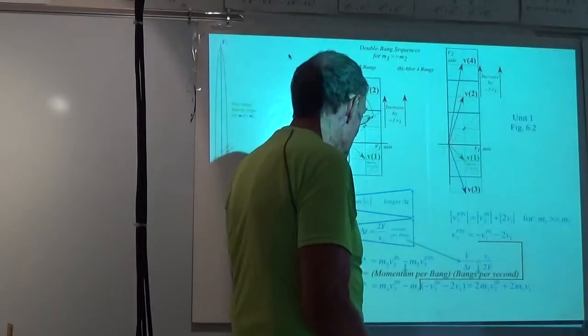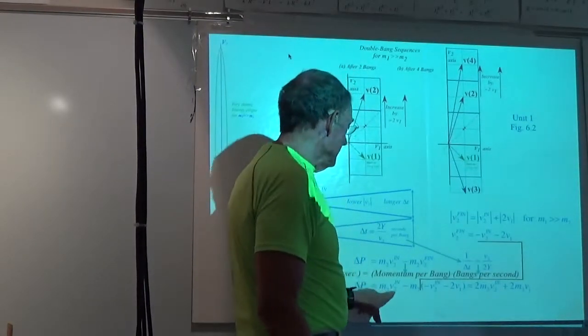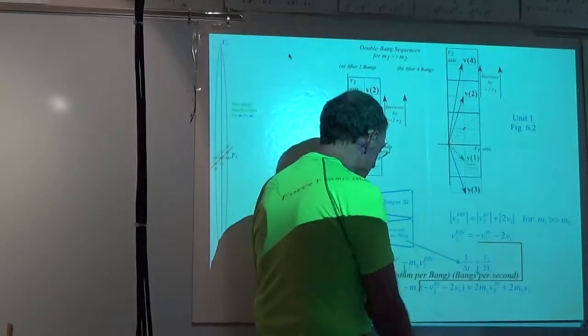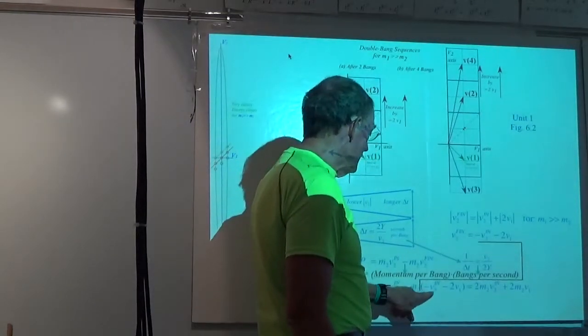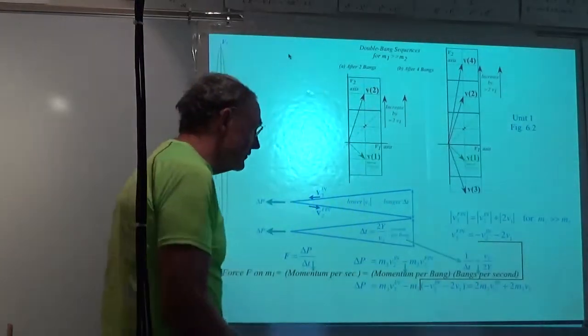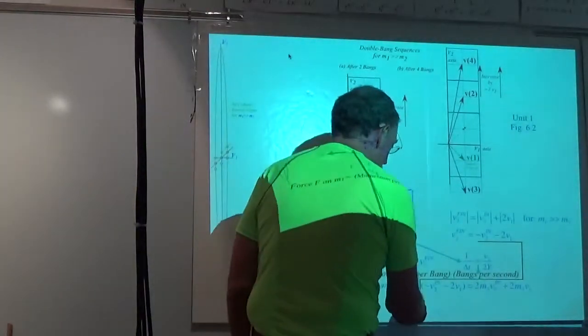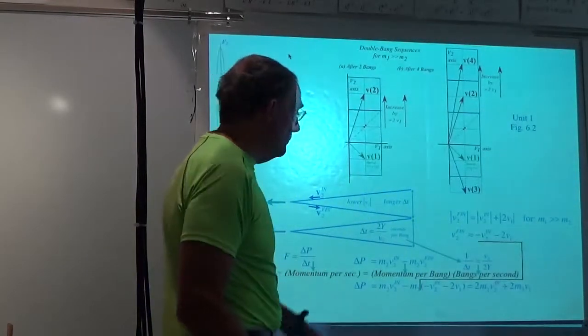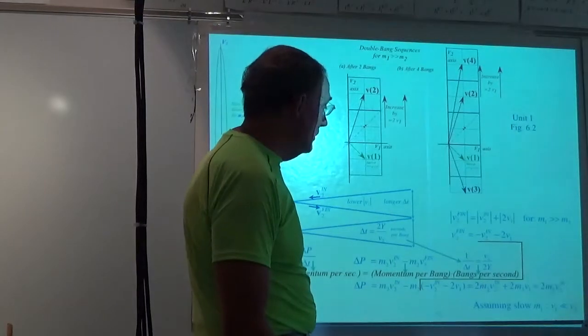Okay, so what we're having here is M2Vn, and then minus M2V1, and that's plus, so we get 2 M2Vn plus 2 M2V1. So that's the change in momentum that we'll be dealing with.